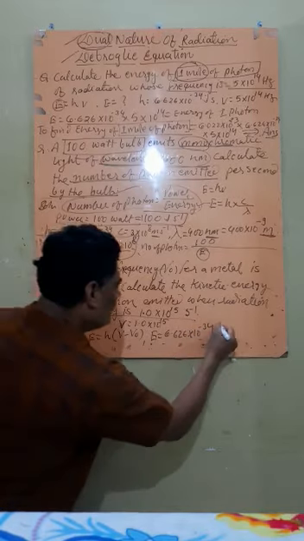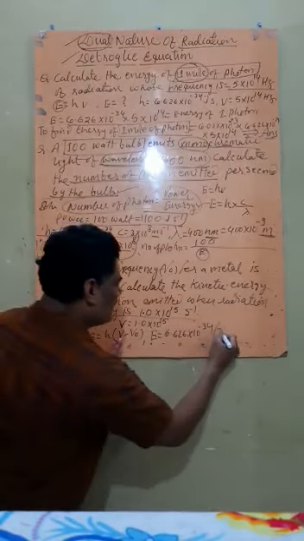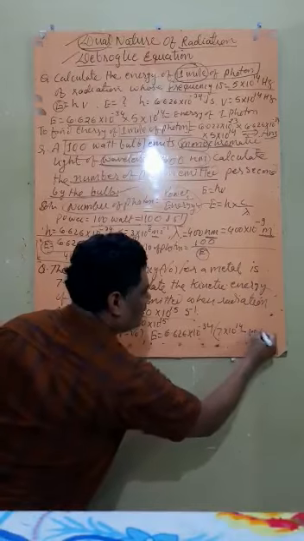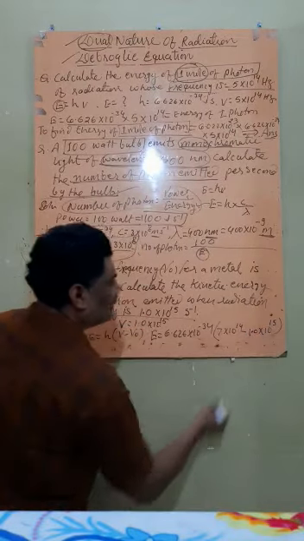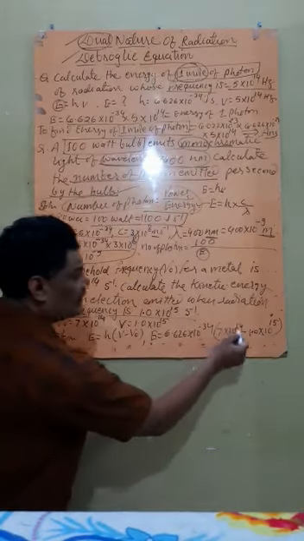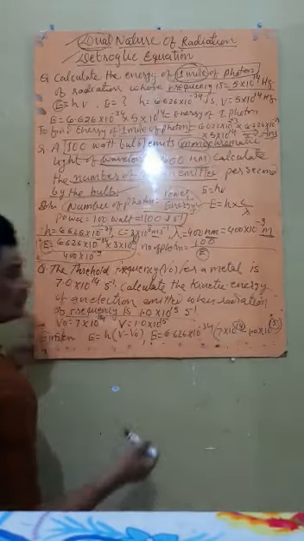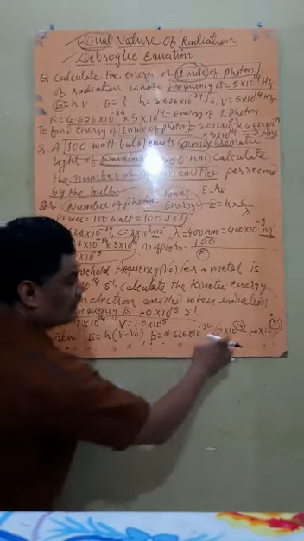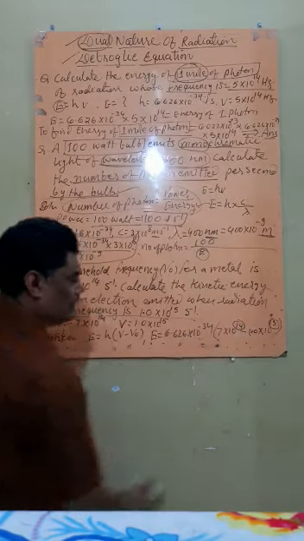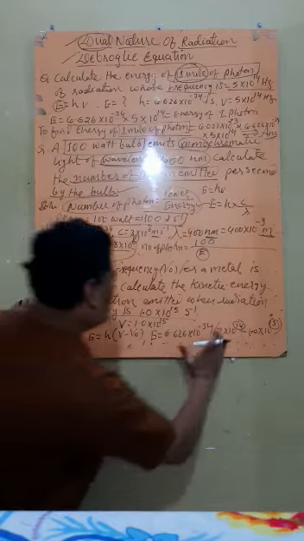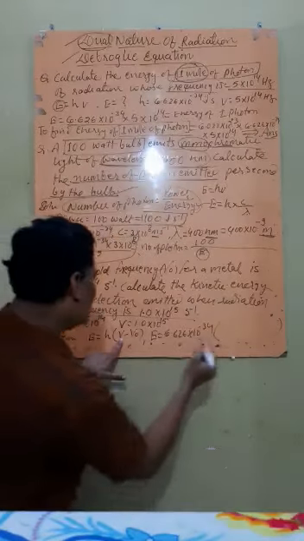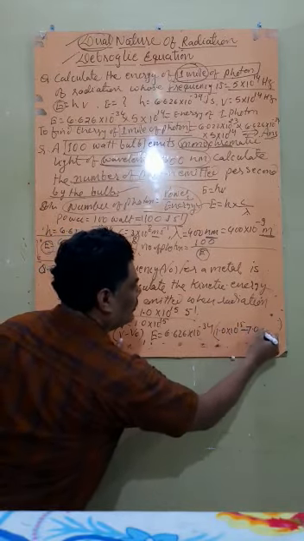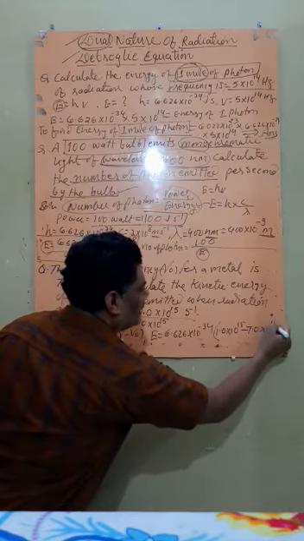In brackets, for v we write 1.0 into 10 to the power 15, minus 7.0 into 10 to the power 14.